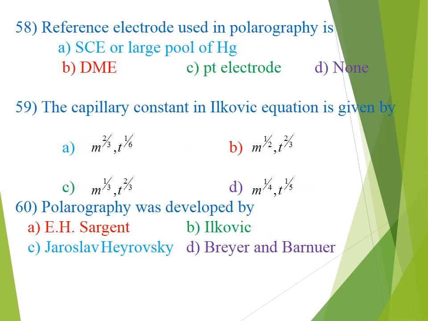Question number 58. The reference electrode used in polarography is option A, standard calomel electrode or large pool of mercury. 59. The capillary constant in the Ilkovic equation is given by option A, m power 2 by 3 t power 1 by 6. Question number 60. Polarography was developed by Jaroslav Heyrovsky. Option C is the correct answer.